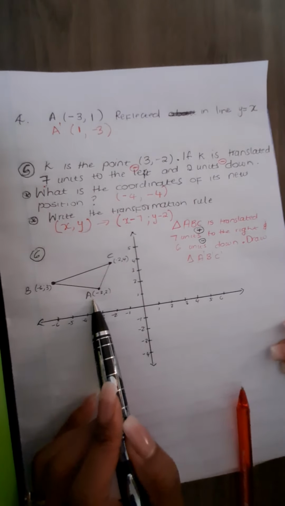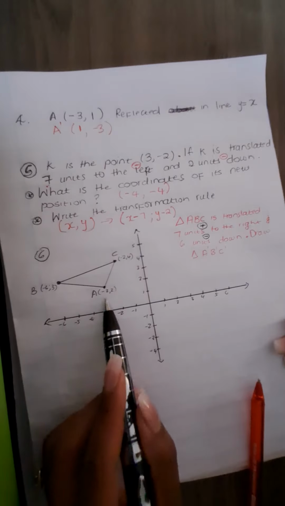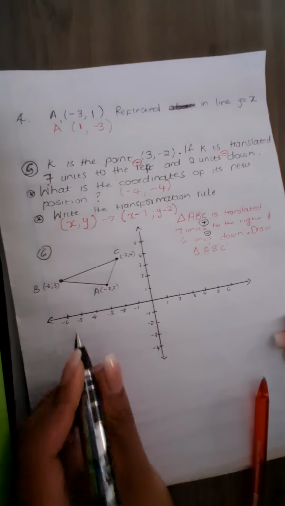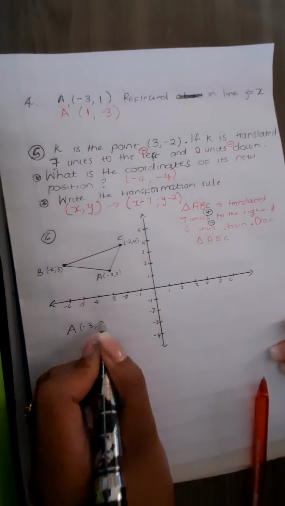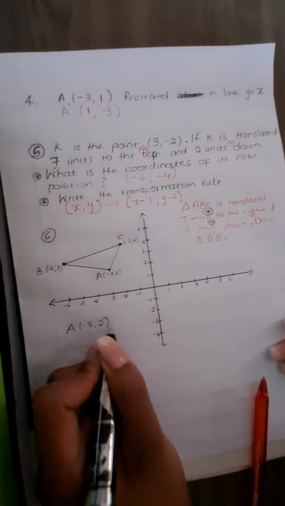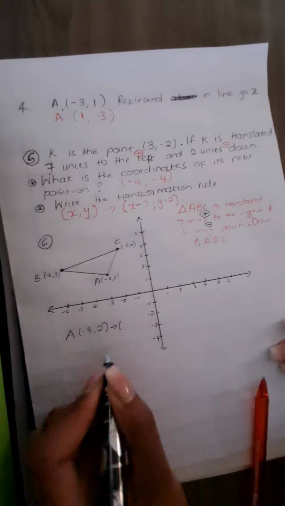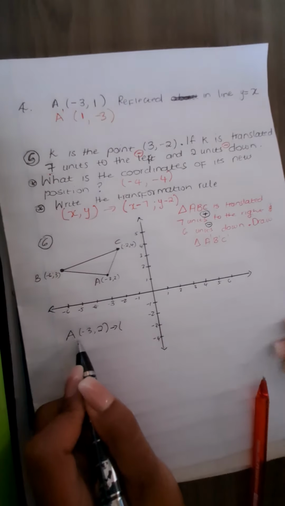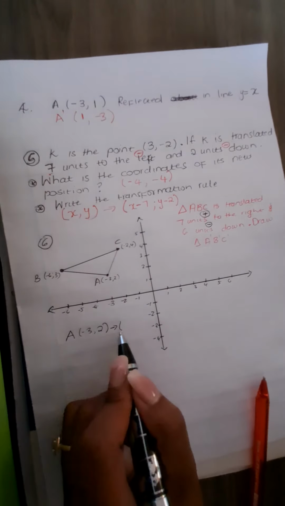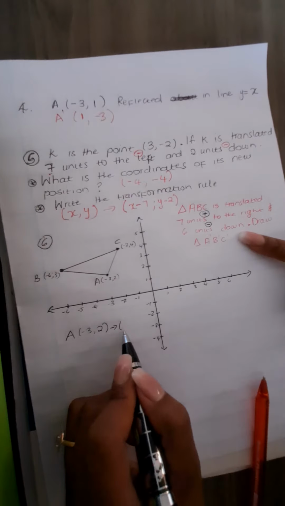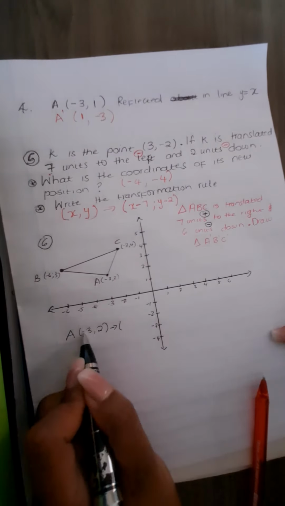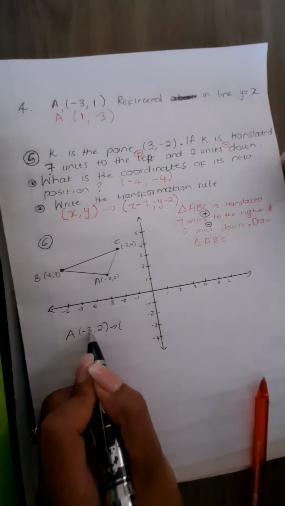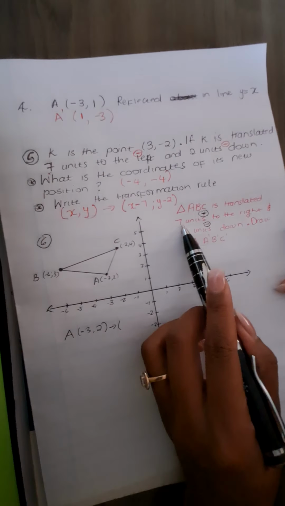We can see that our original image of A, I'll just write it down here, A is -3 and +2. But then if we are translating A 7 units to the right and 6 units down, our new coordinate will be, so for X you will say -3 plus 7.